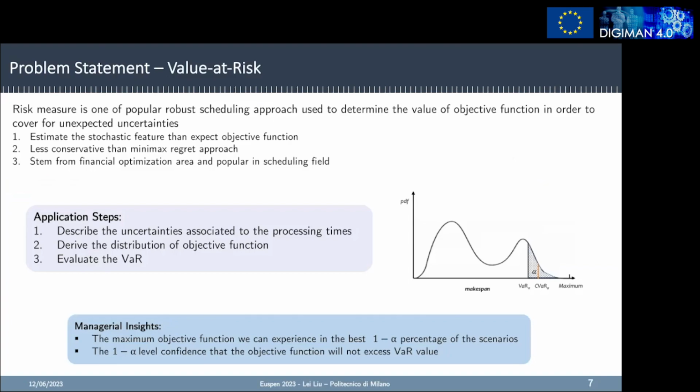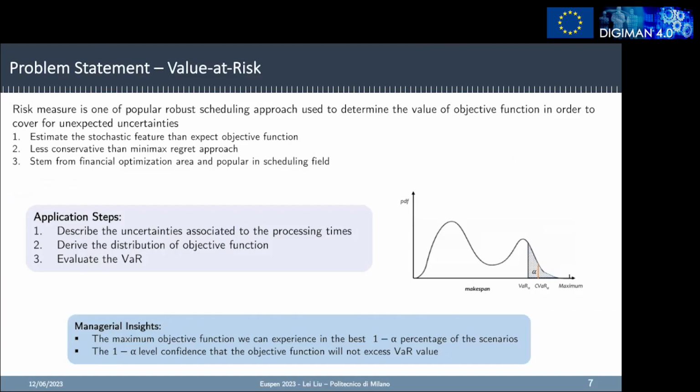Okay, firstly, I'll introduce the value at risk. Value at risk is one of the risk measures, and it can estimate the stochastic feature better than the expected objective function, and is less conservative than the min-max approach. Originally, it stems from the financial optimization area and is now also popular in the scheduling field.